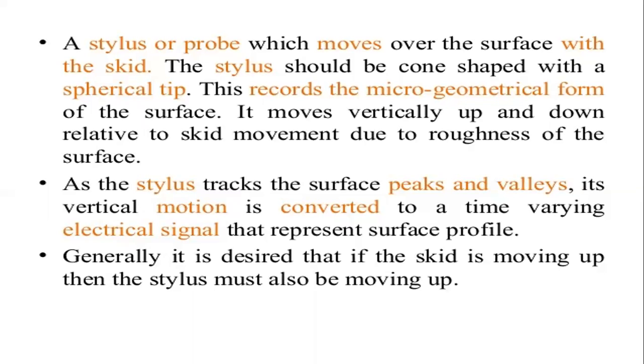A stylus or probe moves over the surface with the skid. The probe is attached directly to the skid, and the stylus should be cone shaped with a spherical tip, like a ballpoint pen.